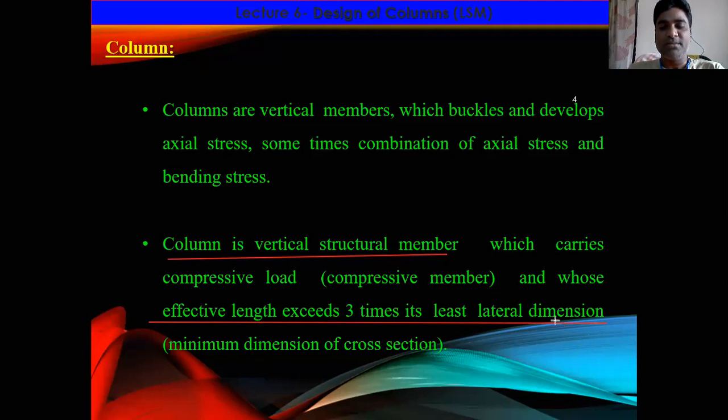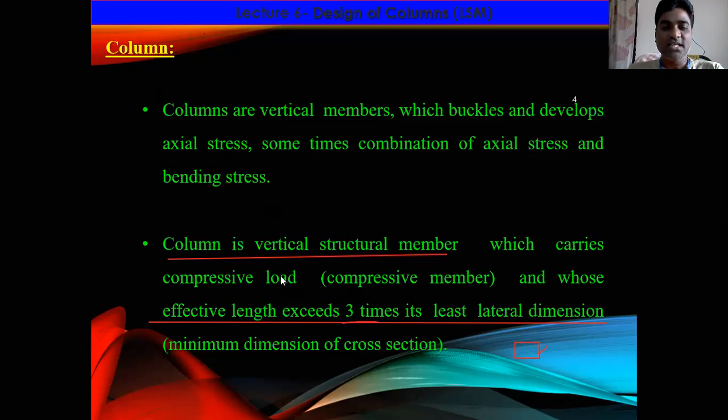That is the minimum dimension. If you see it in plan, suppose this is your rectangular section, the least lateral dimension is the smaller side of this rectangle. If it exceeds 3 times, then we call it a column.